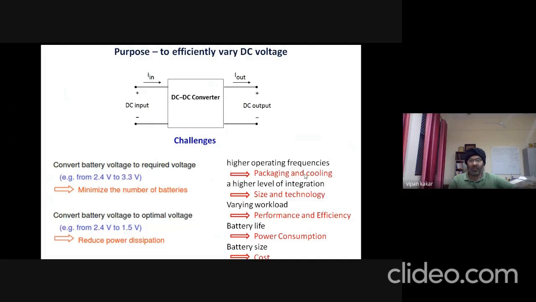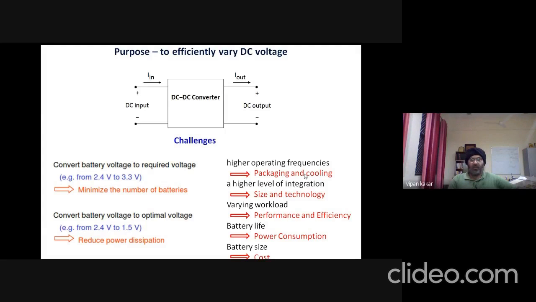In next slides, I will explain in more detail. But we have a single battery. So now the purpose of DC to DC converter, which we have seen in the first point, is to have two different levels, 2.4 also and 1.5 also, and in between also.